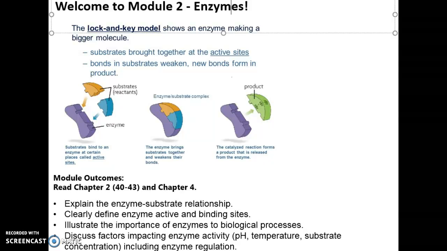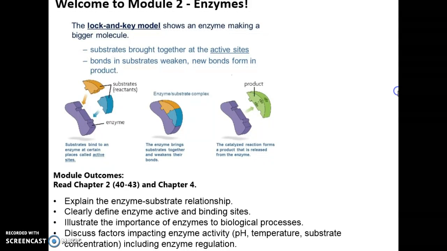In this picture, you should see a little depiction of one of the enzyme-substrate relationships called the lock and key model. This shows that an enzyme is helping to create a bigger molecule. In this reaction there are two different reactants, or as we call them, substrates, and then there is one enzyme.